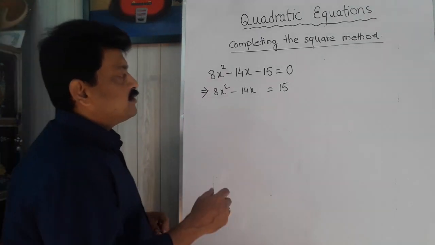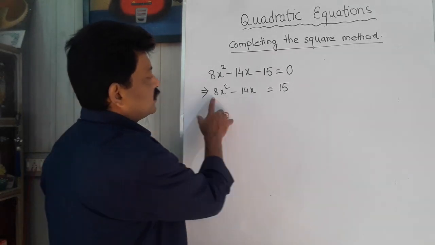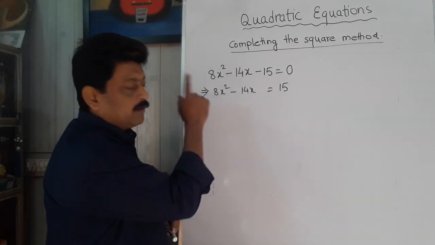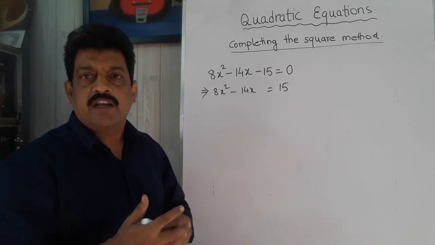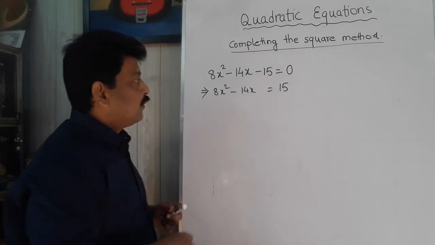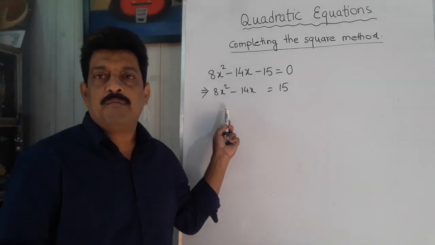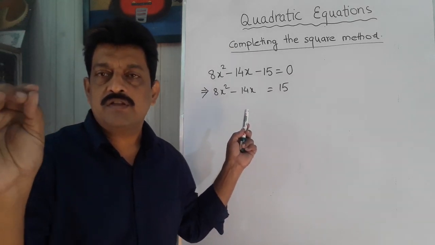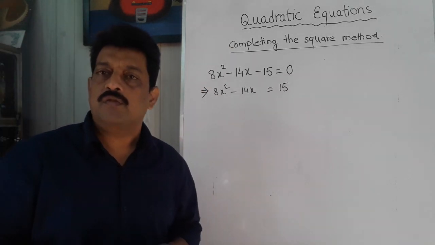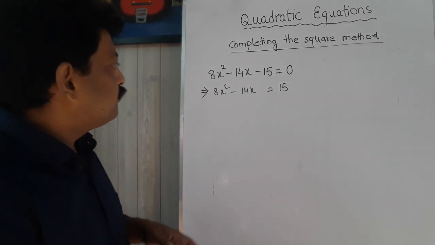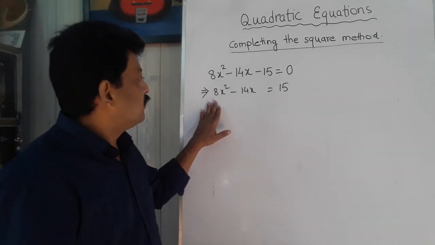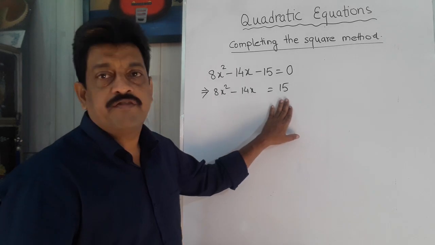So there are two ways: either divide the whole equation by 8, so it will become x square, so we can write it in the form of whole square, or we have to multiply this 8 by a certain number such that it becomes a whole square. Now if you are going to divide it by 8, then there will be a case of fractions.